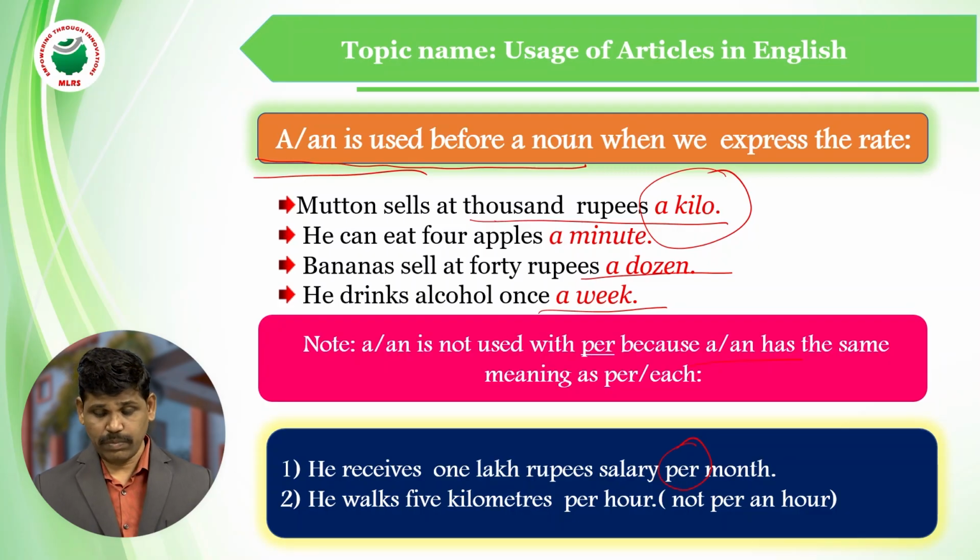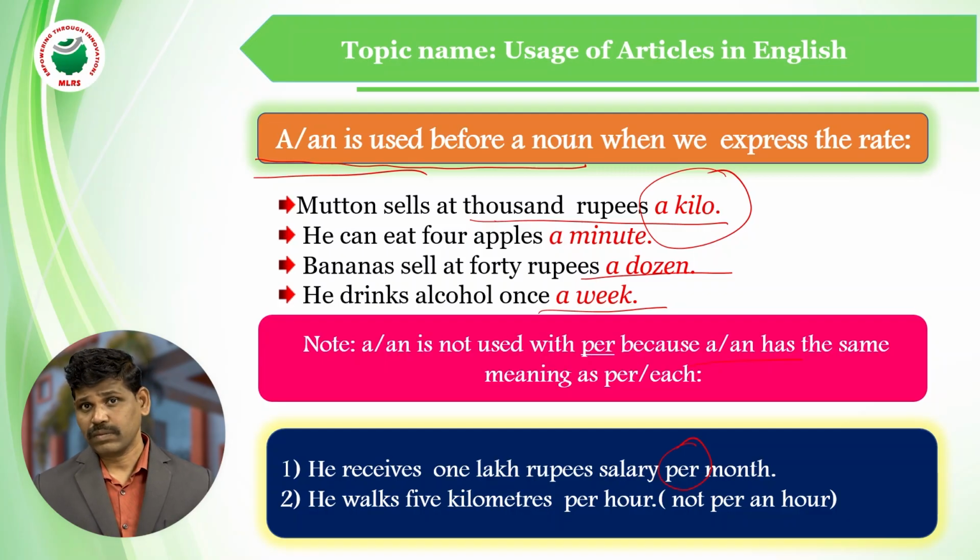Please note this: he receives 1 lakh rupees salary a month. This is correct. Otherwise, he receives 1 lakh rupees salary per month. So either this or that. But don't say he receives 1 lakh rupees salary per a month.